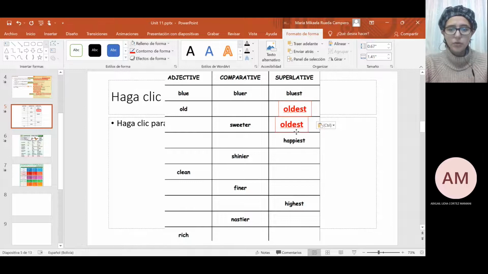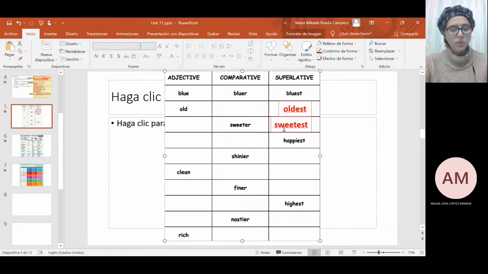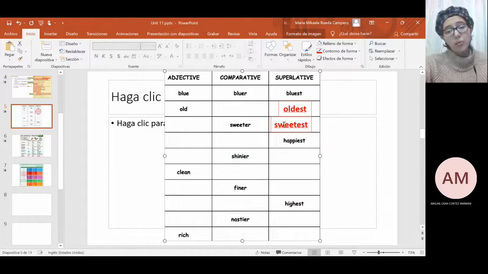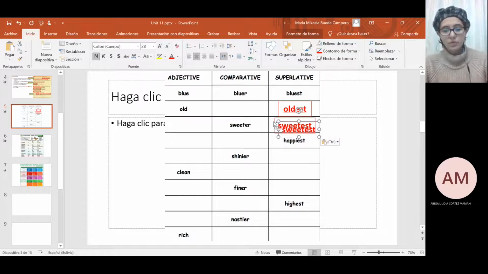So I'm going to put here the adjective and the superlative form. Sweetest. So we can say, what is the sweetest fruit? I would say that watermelon, for example, or apple. I would say that apple is the sweetest fruit, right?